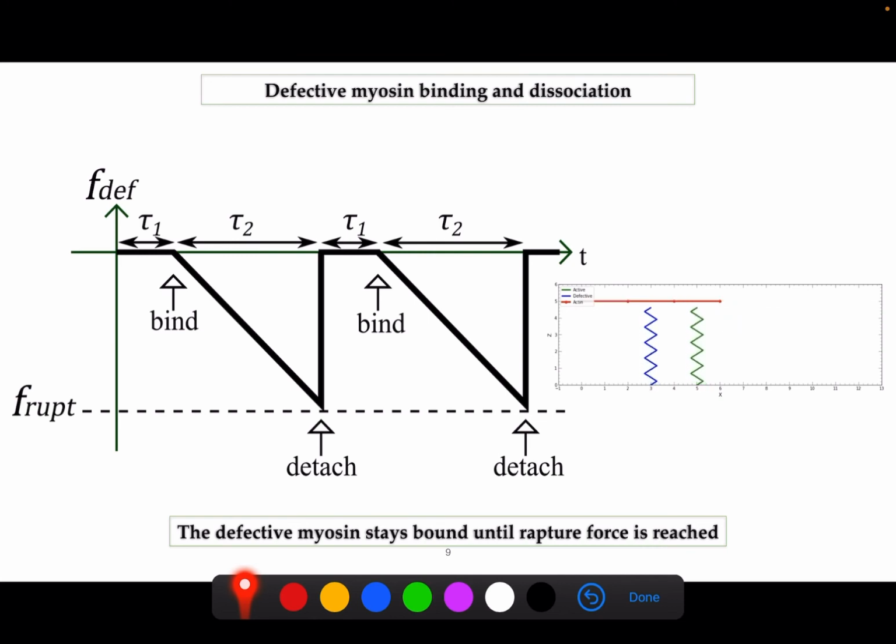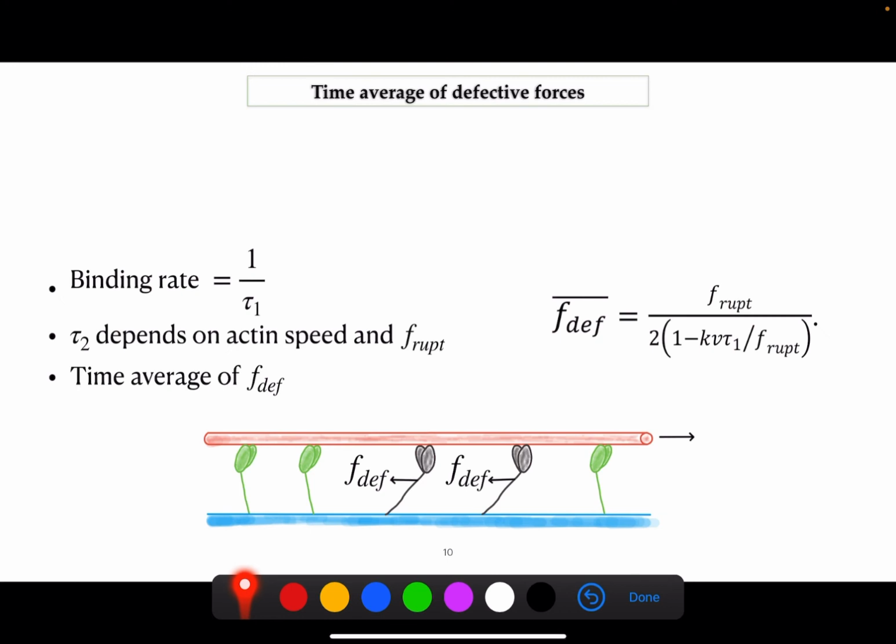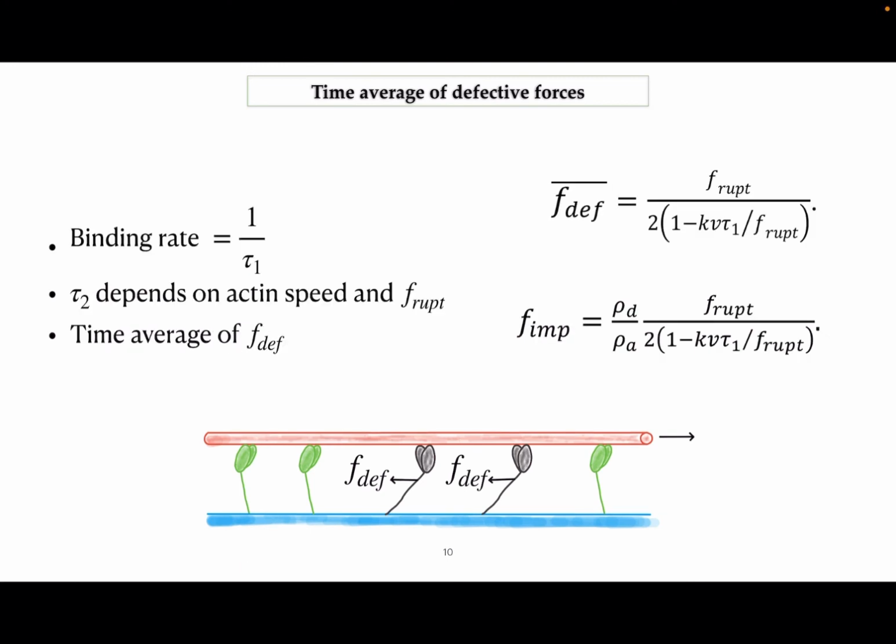The higher the speed of the actin filament, the shorter the time tau 2 is going to be. For simplicity, spontaneous dissociation of defective myosin from the actin filament was neglected.